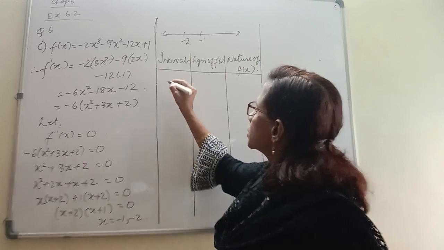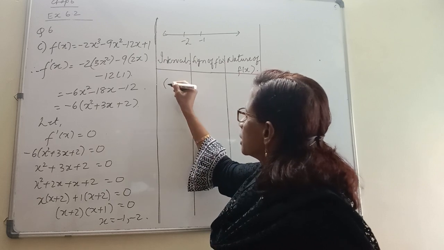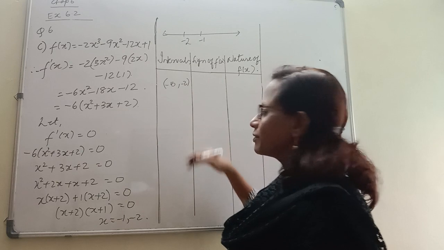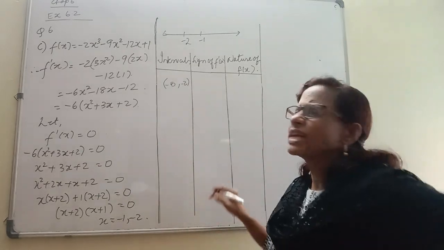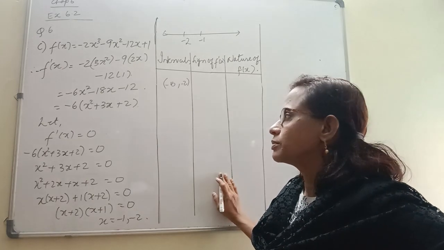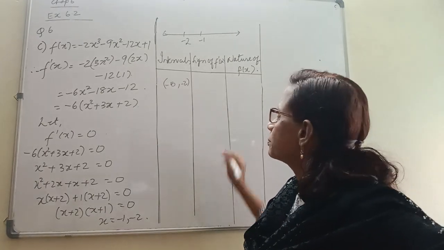So the first interval is from minus infinity to minus 2. What point can we take? Minus 5 or minus 3, whatever. Minus 3 probably.